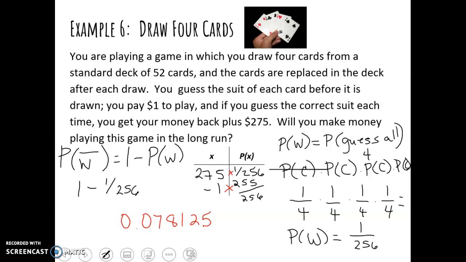So the expected value is really about 8 cents. 0.078 would be about 8 cents.